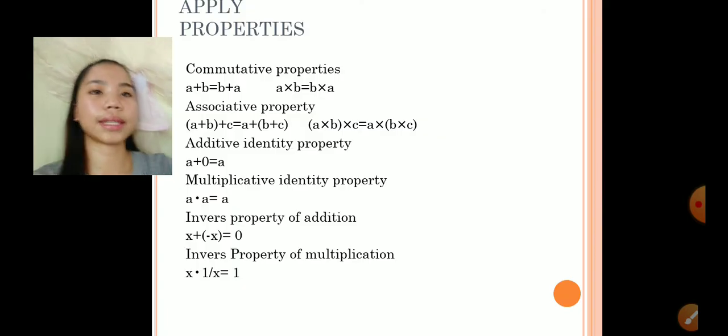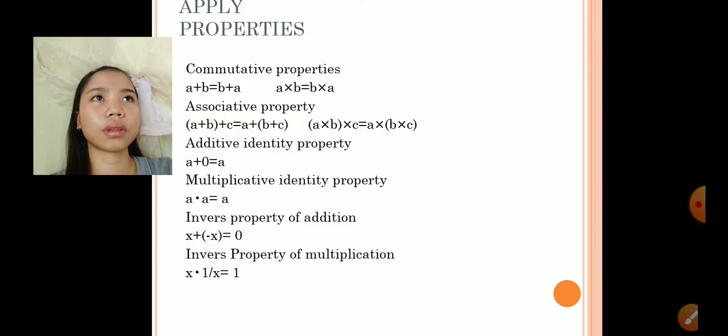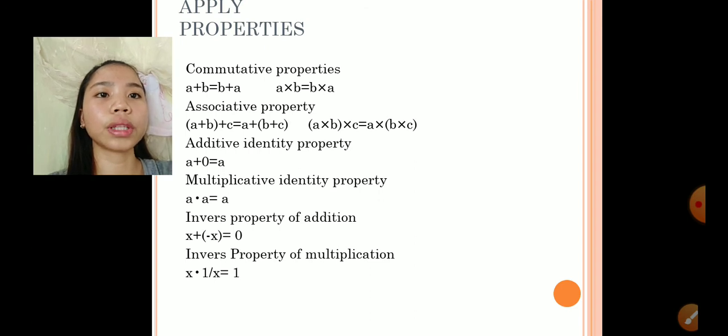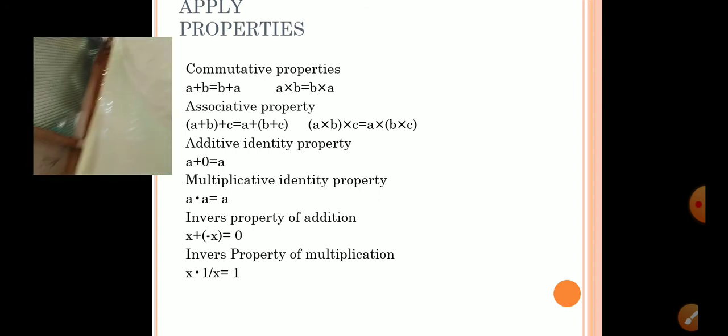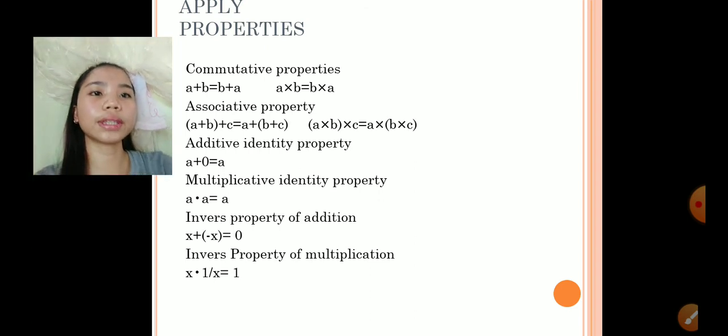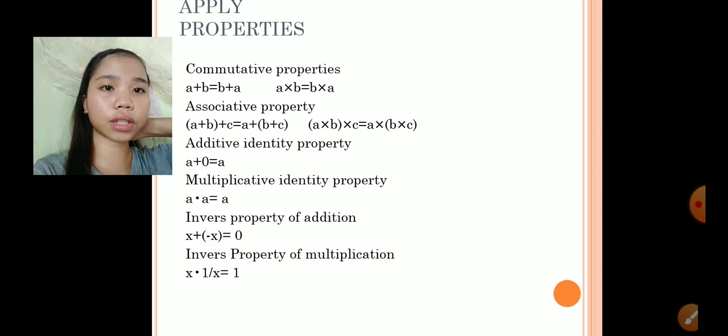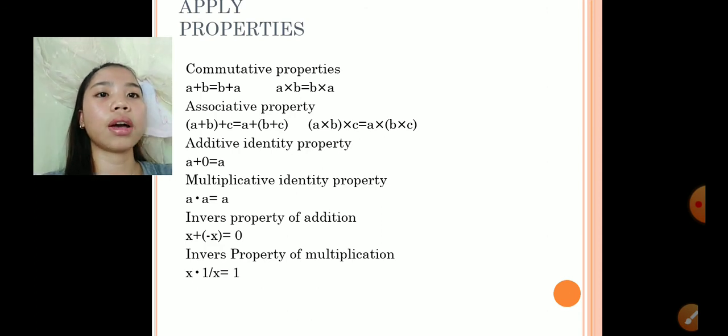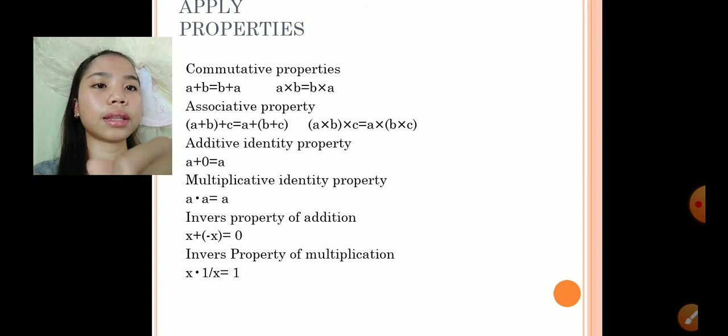Apply properties. Commutative property: a plus b is equal to b plus a in addition, and in multiplication, a times b is equal to b times a.